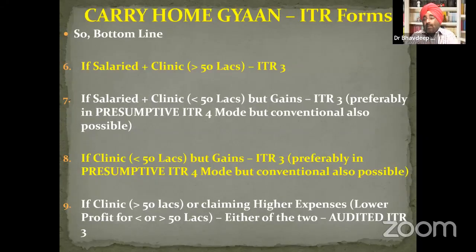If I'm filing in presumptive, I get freedom from books of accounts, as I said, freedom from CA, freedom from any kind of complex ITRs. I get freedom from 4 installments of advance tax also. Even if I'm filing ITR 3 in a presumptive mode, I get freedom from 4 installments of advance tax. I need to pay only 1 installment in March. The other guys, 1, 2, and 3 conventional way, they need to pay on 15 June, 15 September, 15 December, 15 March.